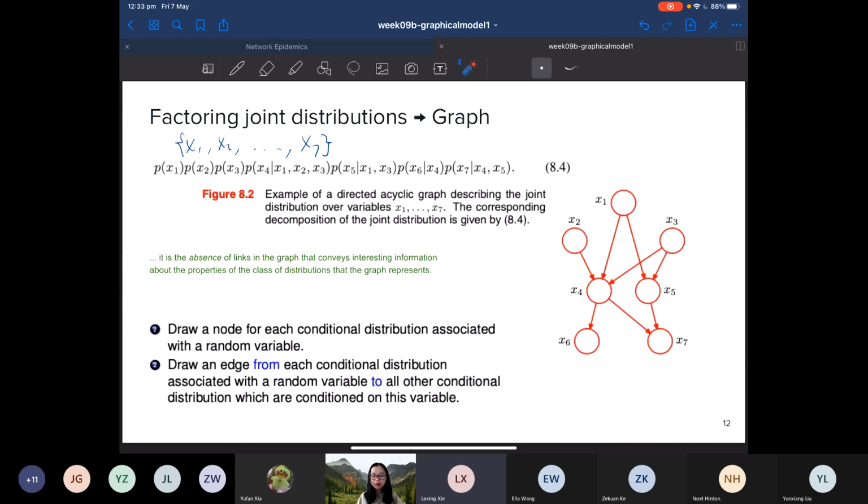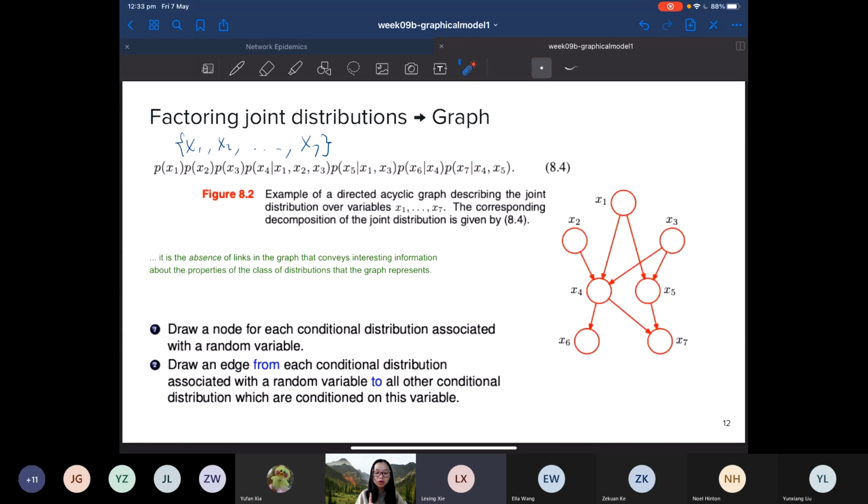So now, given that we learned what Bayes networks are and how to express things in them, let's just try that, right? So we draw a node for each of the conditional distributions associated with a random variable. What this means is we look at each of these terms. For every variable in the front of each term, we draw a node, right?